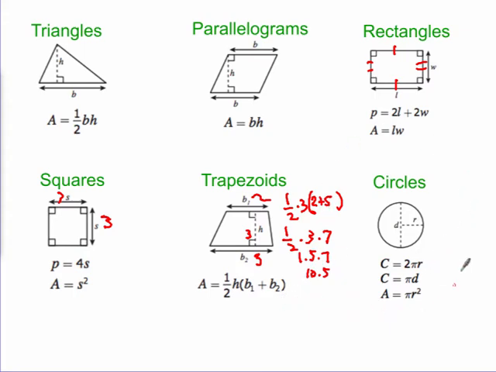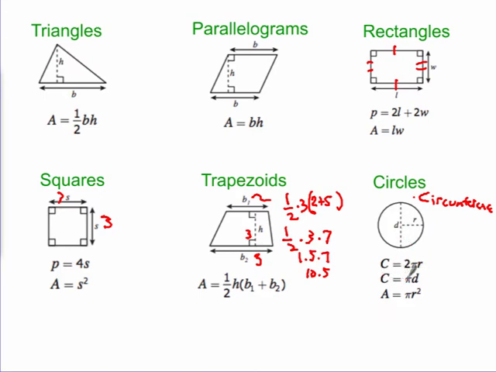And then we have circles. The perimeter of a circle has a special name, and that name is the circumference. And circumference is just the perimeter of a circle. It just has its own special name.